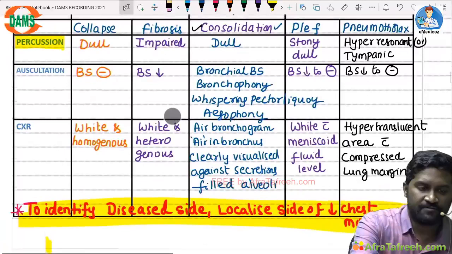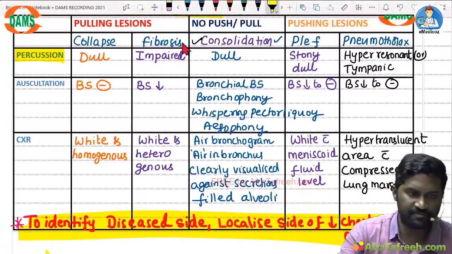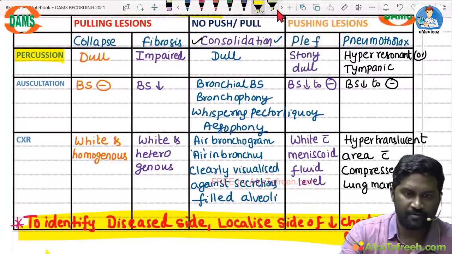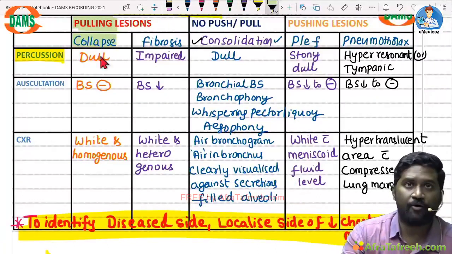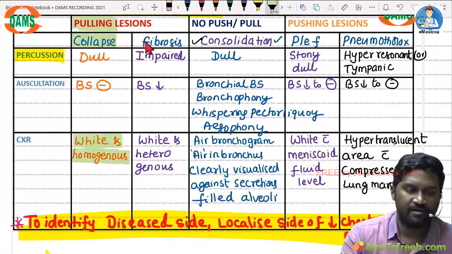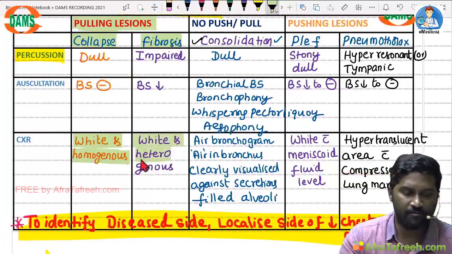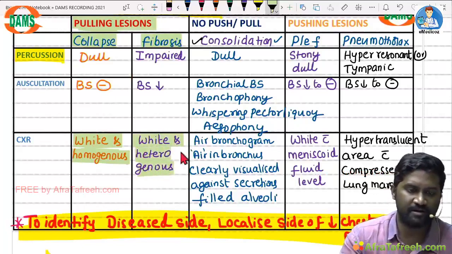So students, whenever you see collapse, it is a pulling lesion, and on the chest X-ray you should identify white homogeneous density. Whenever you see fibrosis, it is a pulling lesion. On the chest X-ray you should be able to identify white heterogeneous area.